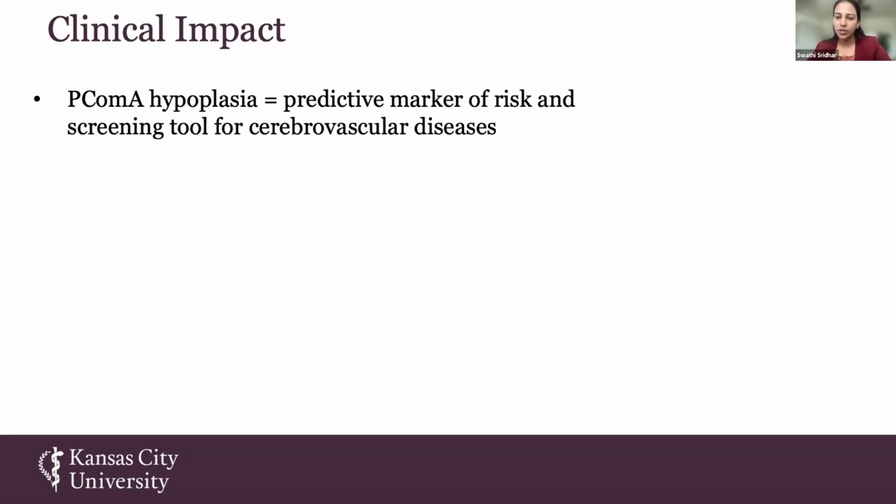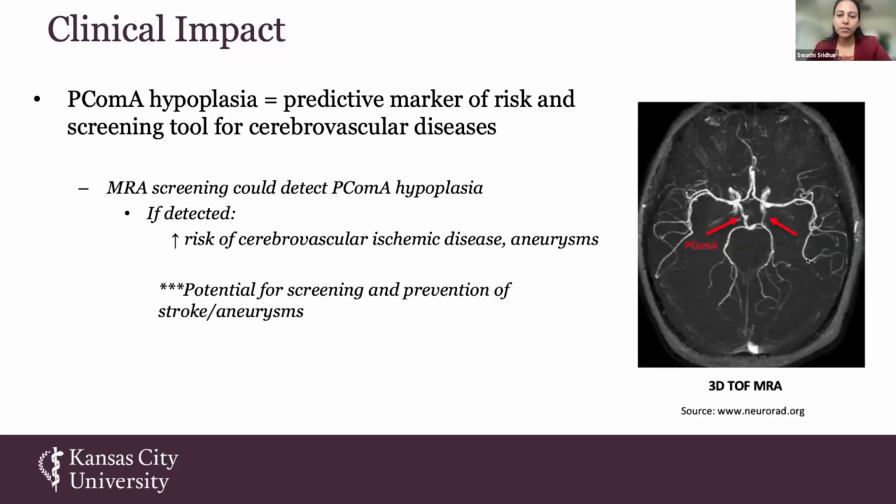Thus, PCOM hypoplasia, especially when bilateral, could serve as a predictive marker of risk and screening tool for cerebrovascular disease, particularly stroke. So given this potential as a predictive marker, screening for bilateral PCOM hypoplasia can be achieved through non-invasive techniques like MRA. And here you can see the PCOM hypoplasia on one side, whereas this is a normal PCOM.